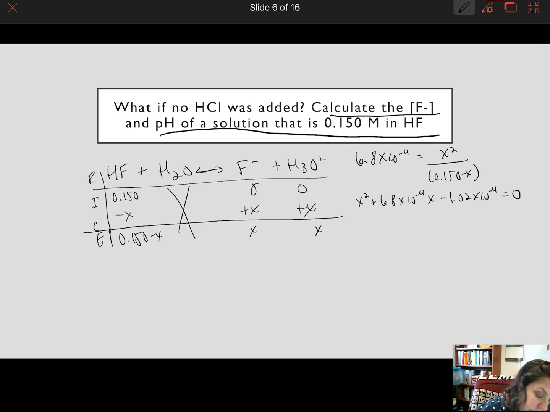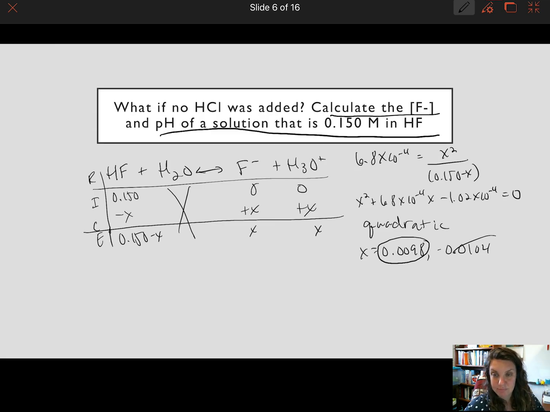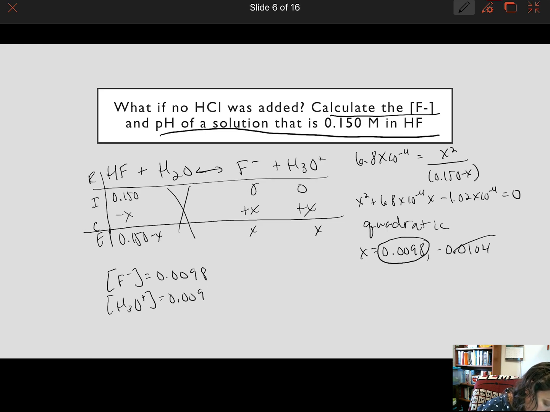Put all of this into our quadratic. We would get x value equal to 0.0098 or negative 0.0104, which was not correct, so we get this x value. And then we put it in, we get F minus concentration equal to 0.0098 and a hydronium concentration of 0.0098.